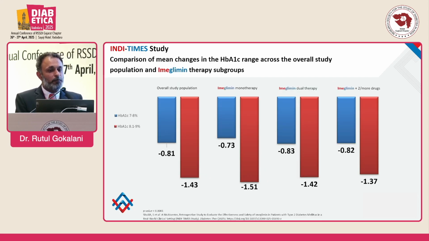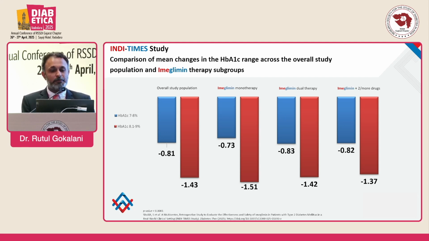In comparison of mean changes in HbA1c ranges across the overall study population and imeglimin therapy, in the overall study population, if HbA1c was between 7 to 8, it reduced HbA1c by 0.8%, but as I said, if HbA1c was on the higher side, more reduction was seen, as we have seen with all other molecules also.